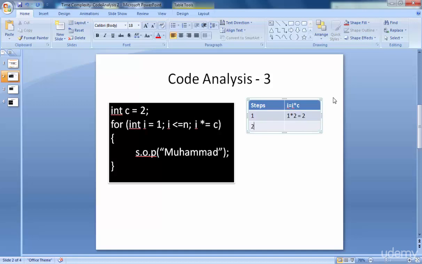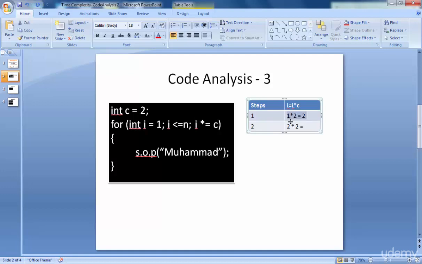Okay, at step 2, in the second iteration, the 2 will be multiplied by 2 again, right? Because now the current value of I is 2. So we are also storing the value into I.